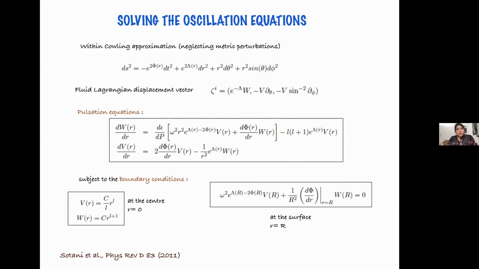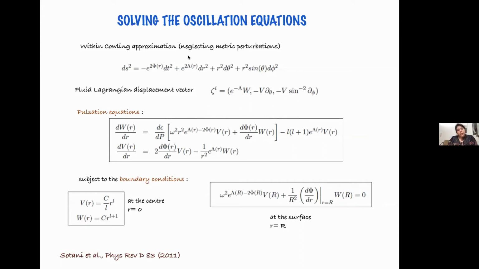So using the Lagrangian, we calculated the equation of state, and then we solved the fluid perturbation equations within the Cowling approximation, which means that we neglected the background metric perturbations. It is not a perfect scheme, but it is shown that it can affect f modes up to 30% at worst, and actually the scenario gets better for higher order modes.